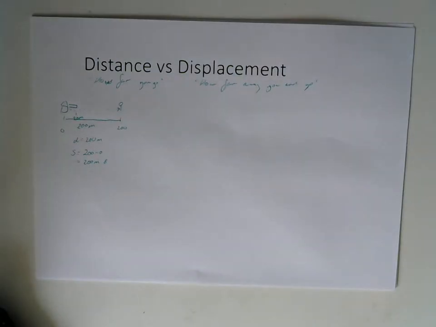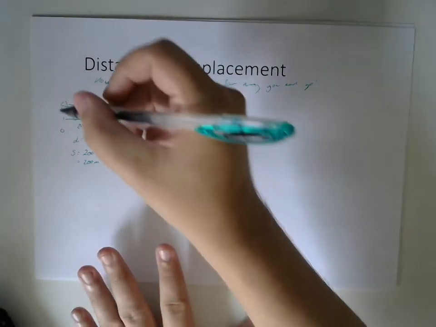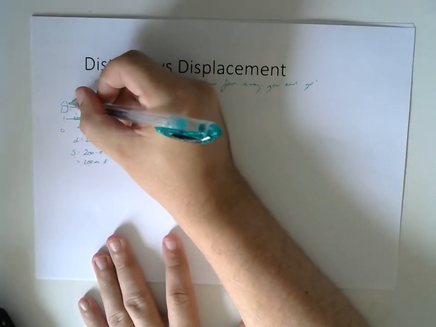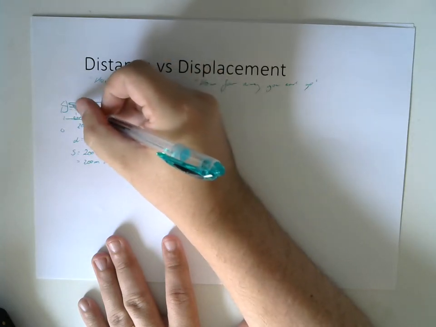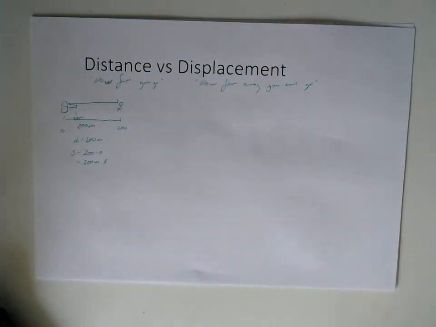You forgot your phone. Okay, so you're 20 meters up the street, tapped your pocket, realized, I forgot my phone, I've got to go back. You head back, you get your phone, and then you walk to the bus stop. Now I've drawn this sort of wiggly thing just to show the different steps. That's not implying that you're moving in 2 dimensions, we don't care about that. It's just to help us visualize it.